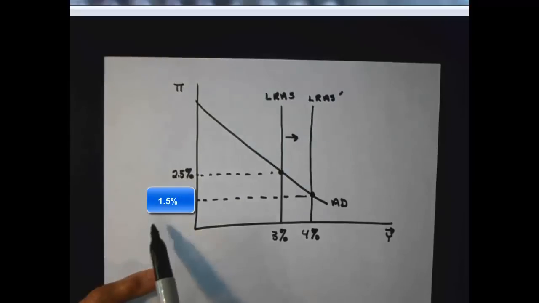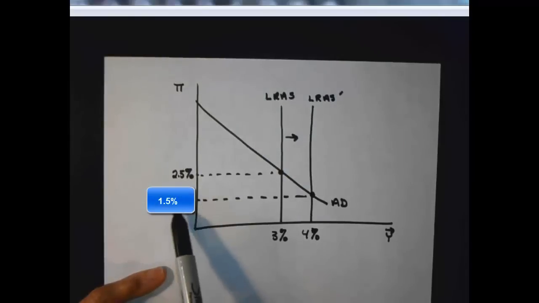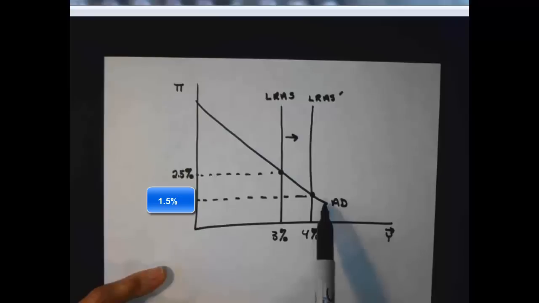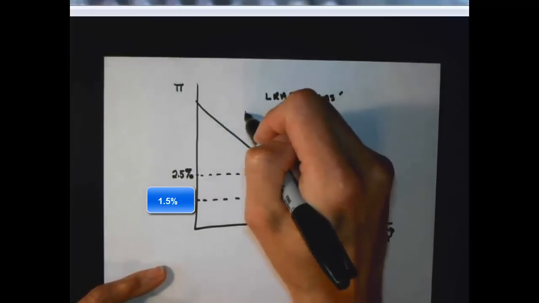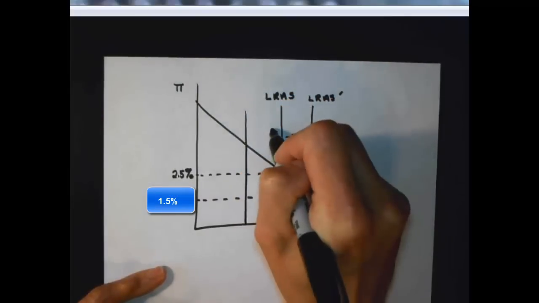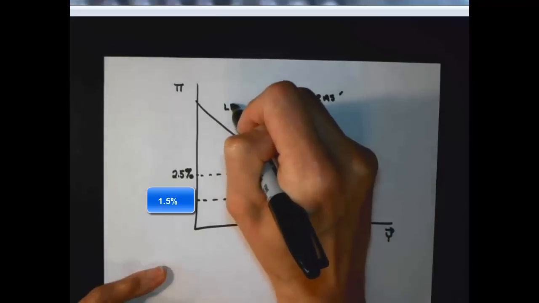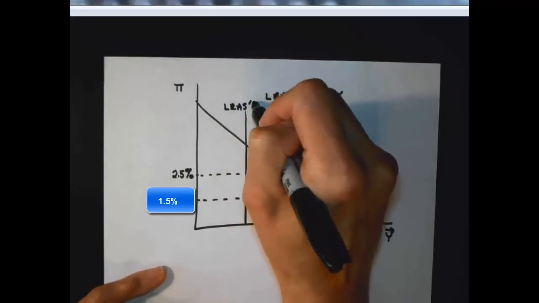Okay, so this is the inflation rate that we would expect to hold in the economy given spending growth as well as our potential growth rate. So a positive economic shock is going to increase the growth rate in the economy and lower the inflation rate. If we have a negative economic shock, so think about the oil crisis from the early 1970s, where the negative shocks outweighed the positive shocks, now you're talking about a shift to the left in the long run aggregate supply curve.